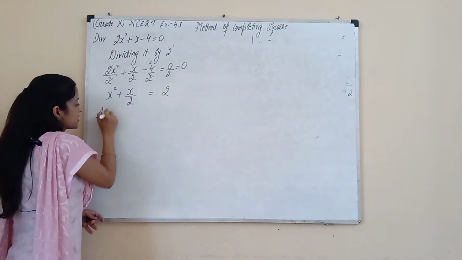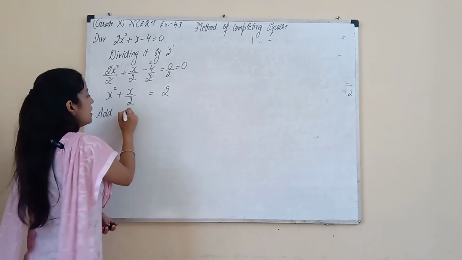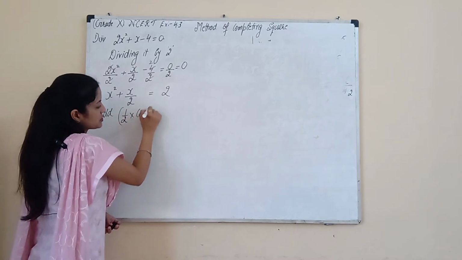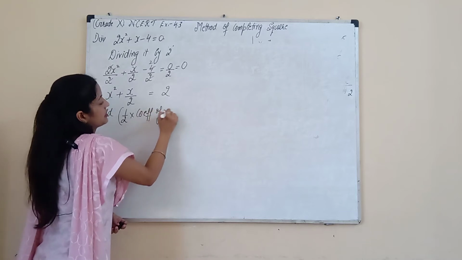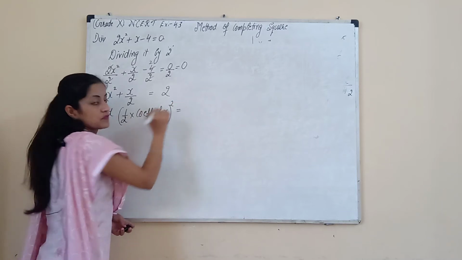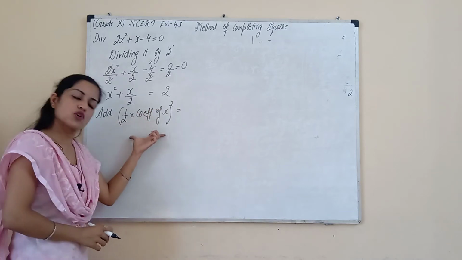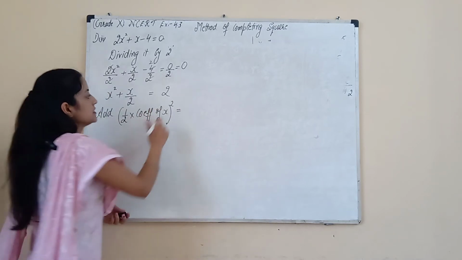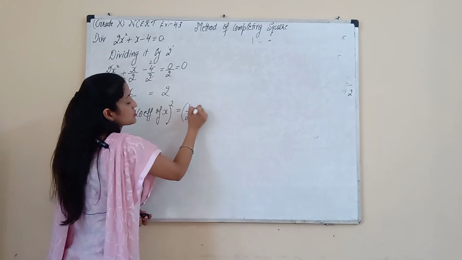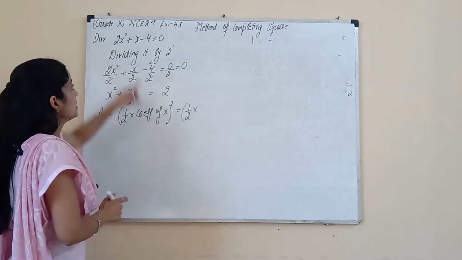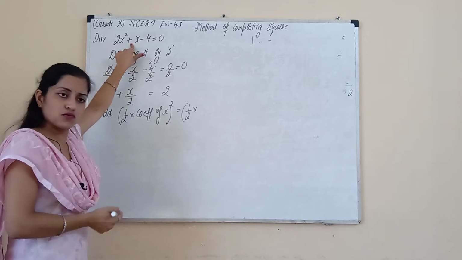So what is the formula? Half of the coefficient of x, and after that the square of the term. We take the square of half of the coefficient of x. Here the coefficient of x is +1.